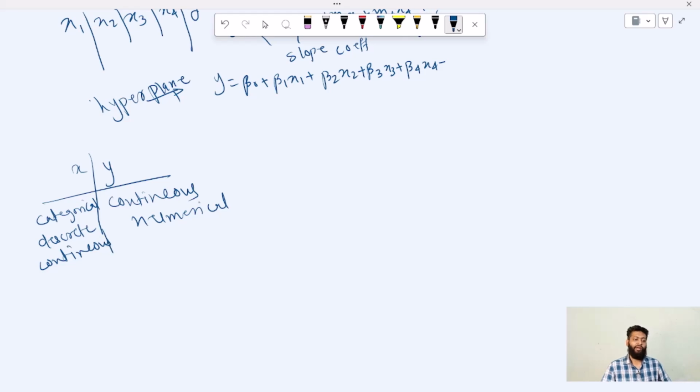But the nature of y will always be continuous. If it is categorical, then it will be a classification problem.